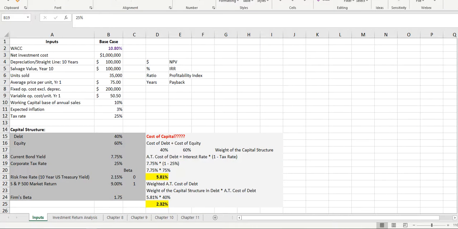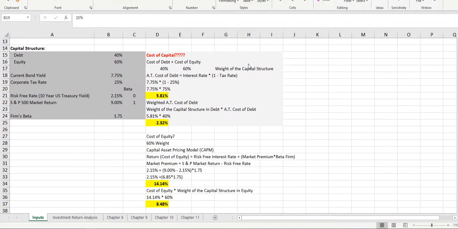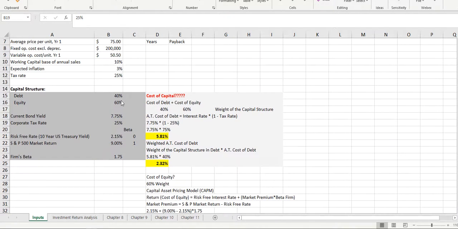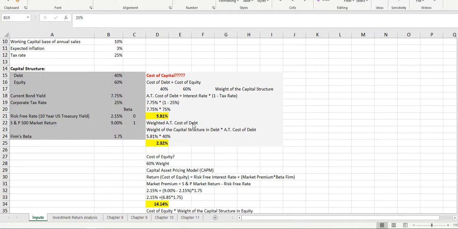In week number 6, the last time we met, we looked at this spreadsheet, investment return analysis week number 6, which was posted to Blackboard. In this was an example of determining the cost of capital, looking at the capital structure and the various cost and risk in the market to determine the after-tax cost of debt, and also doing the weighted cost of debt, taking into account the capital structure percentage of debt.